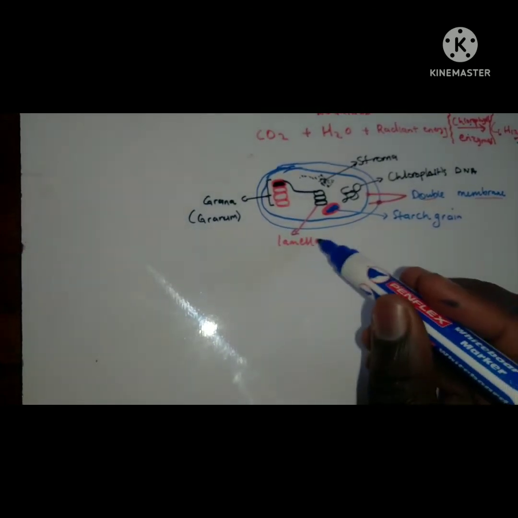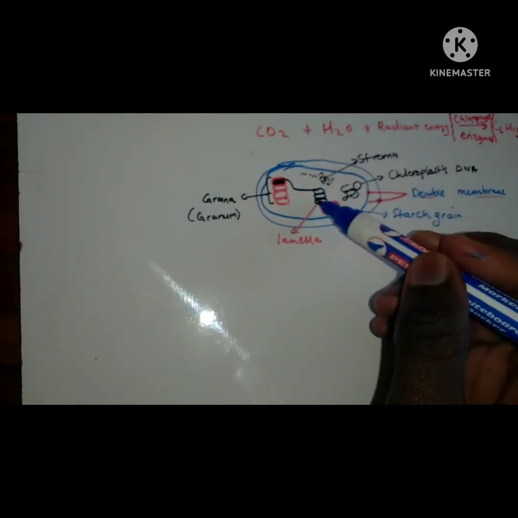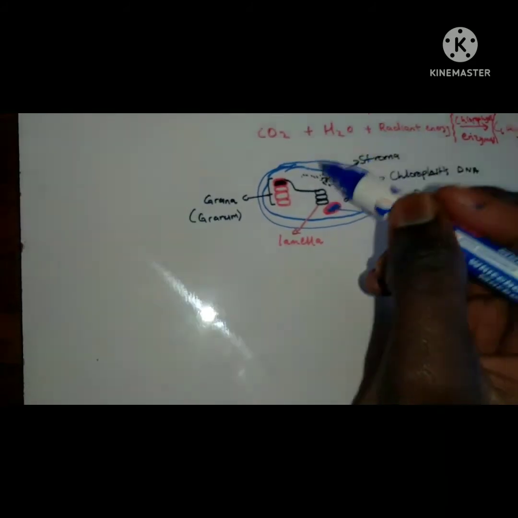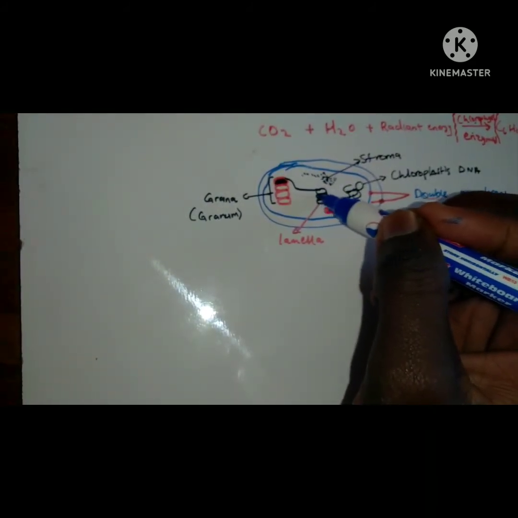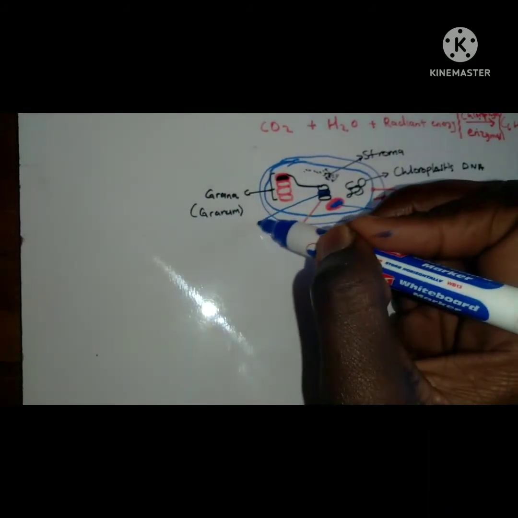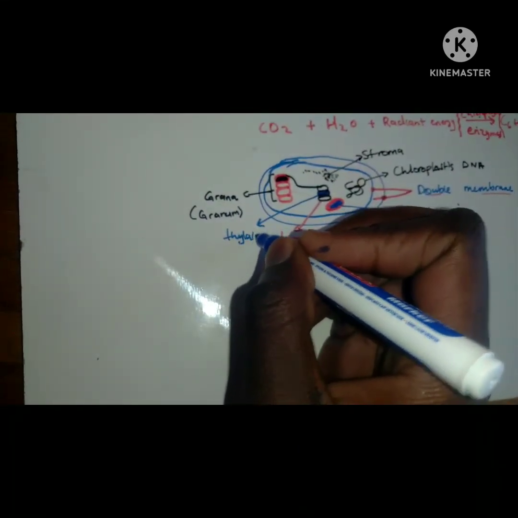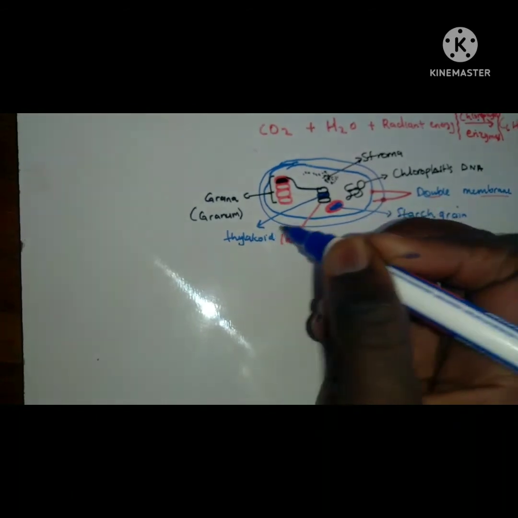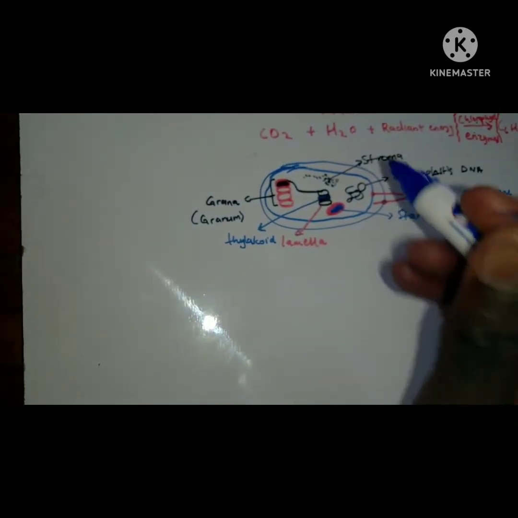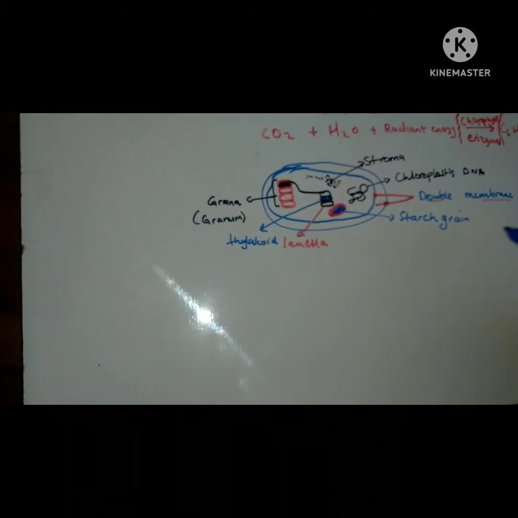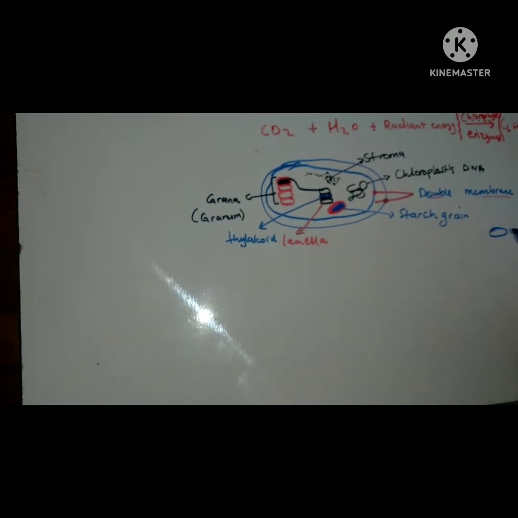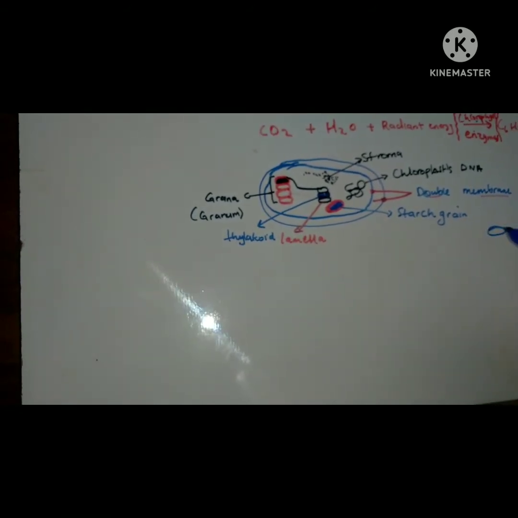So lamella is one of the membranes for this thing called a thylakoid. So the thylakoid is this structure that contains the chlorophyll. This structure is a thylakoid.